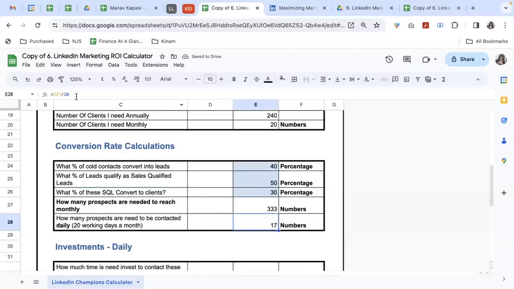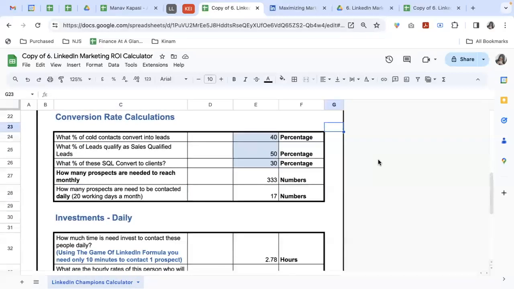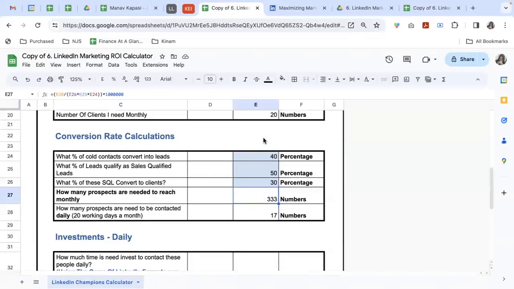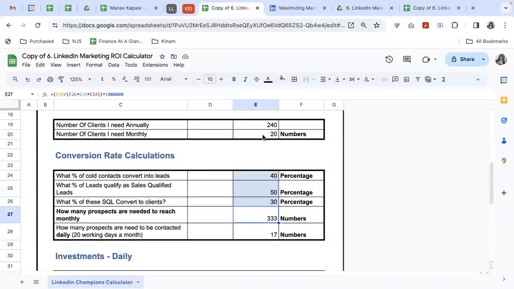Right now, we are going to stick with 5 working days a week, 4 weeks in a month. We work for 20 odd days in a month. So it says that 17 people need to be contacted daily in order to reach 333 people, based on these percentages, which would help you achieve your target of getting 20 customers. So good so far.